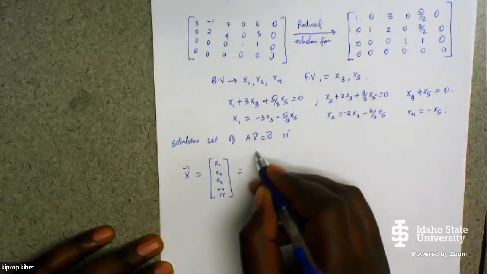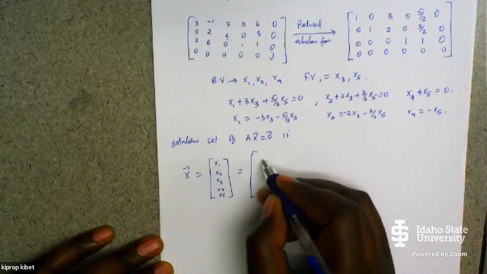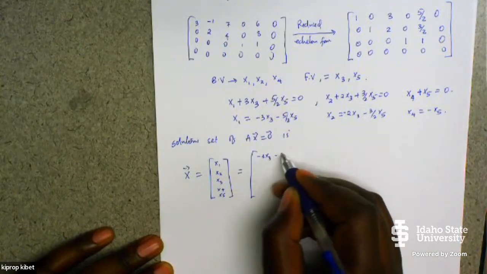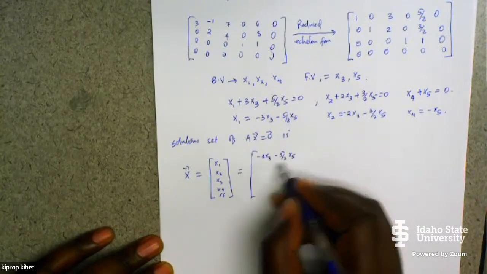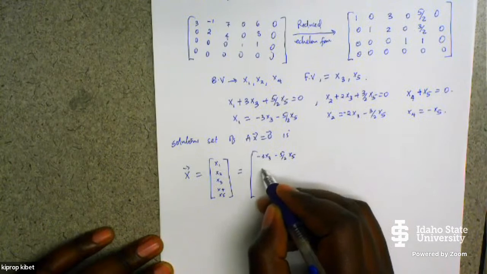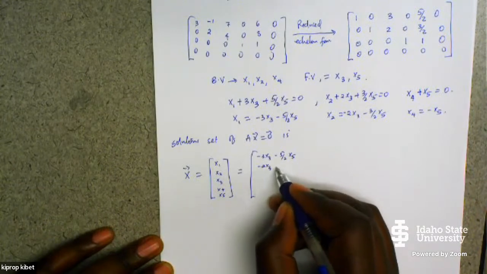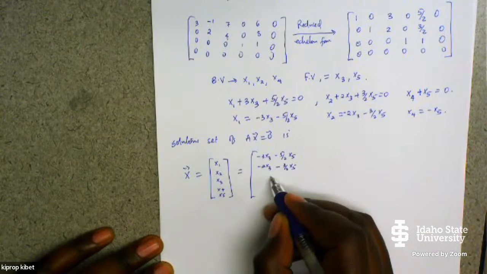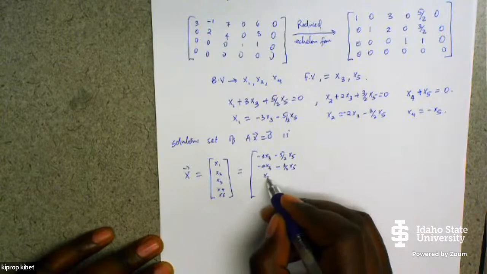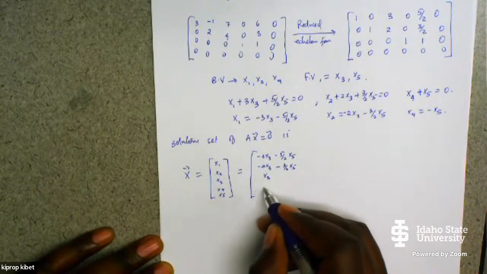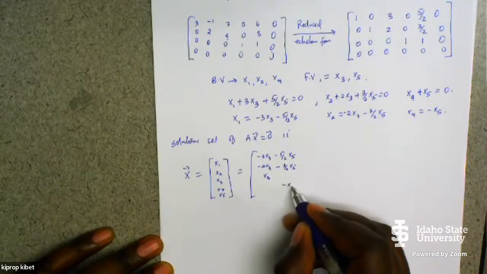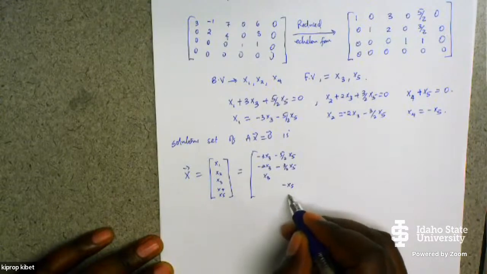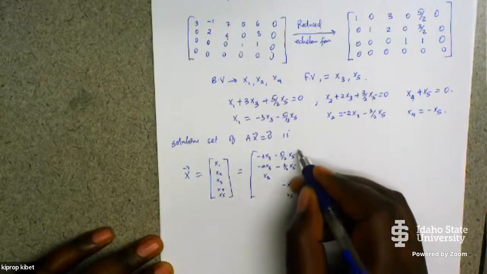And this equals: x1 is minus 3x3 minus 5/2 x5. x2 is minus 2x3 minus 3/2 x5. x3 is our free variable. x4 is minus x5. And x5 is a free variable, which is x5.